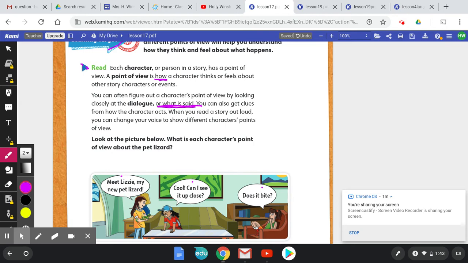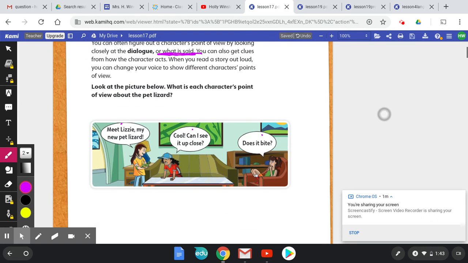When you read a story out loud, you can change your voice to show different characters' point of view. Kind of like when I do our read aloud, I try to change my voice up a little bit to let you know that there's different characters talking and how they feel. How I talk will give you a lot of information about how I feel when you hear the sound of my voice.